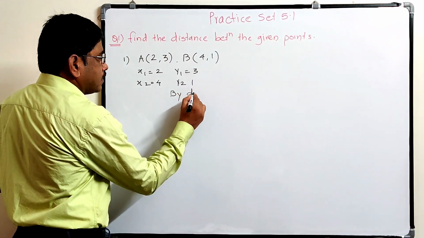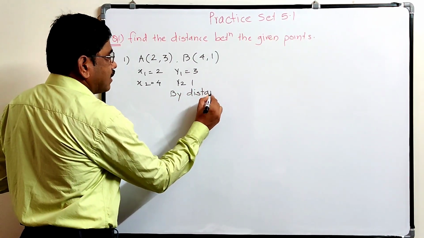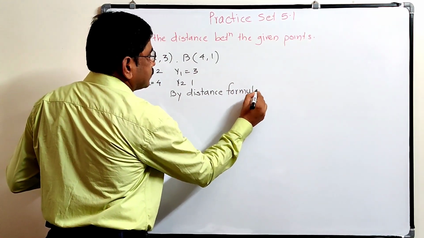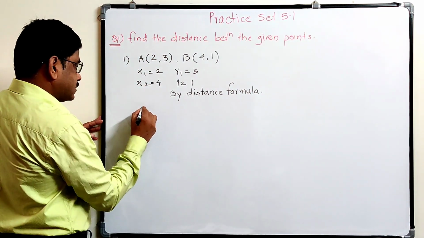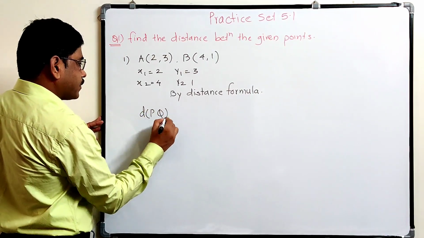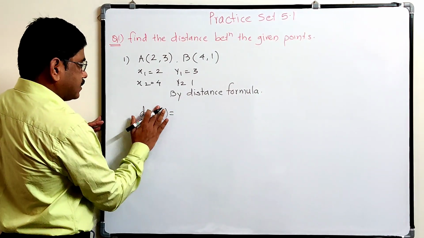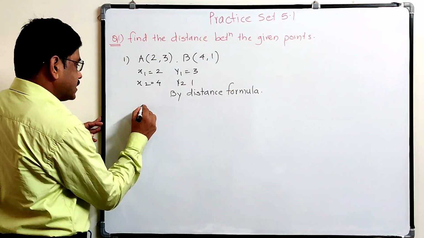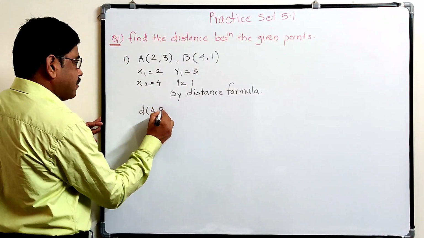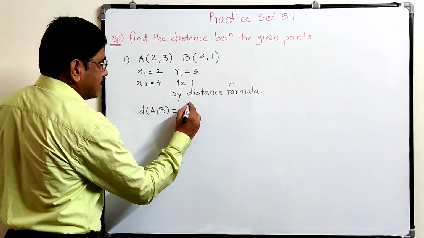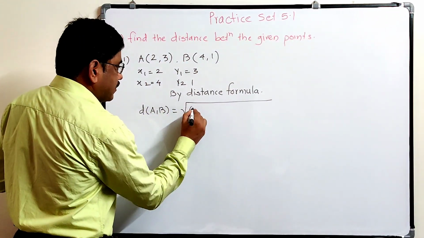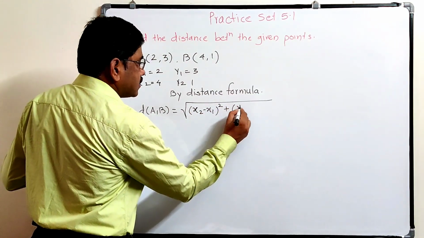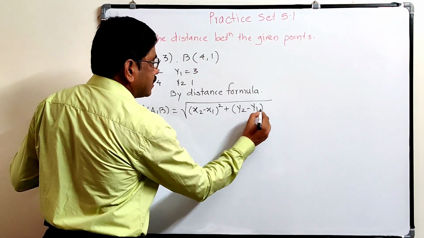By distance formula, distance AB is equal to, write the formula. What is the formula? Root of (x2 minus x1) bracket square plus (y2 minus y1) bracket square.